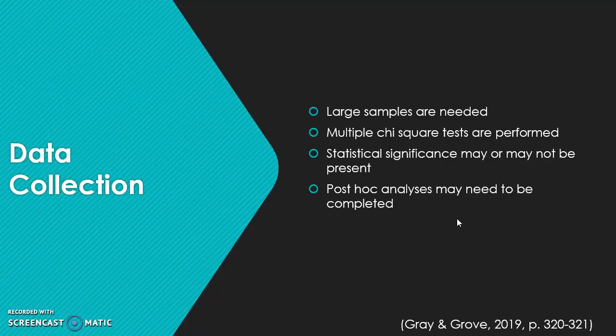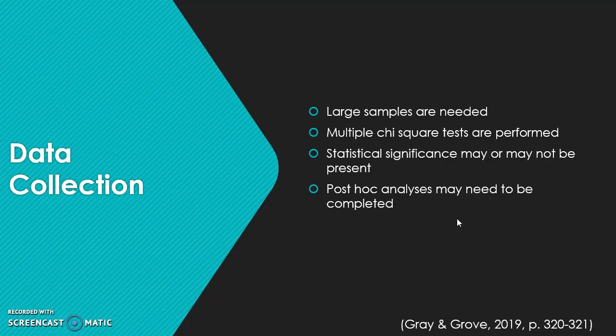But if we wanted to add in more variables such as gender of the nurses and age of the nurses, so that would be 4 variables total, we could perform multiple chi-square tests to see if any of those were statistically significant. So yes, you may have some statistical significance or you may not. And oftentimes research studies really only state the ones that are statistically significant.